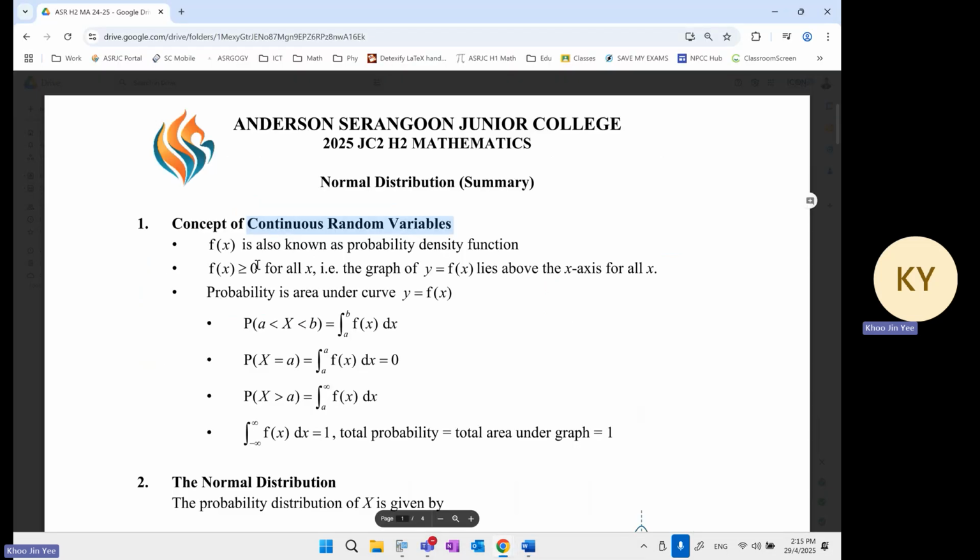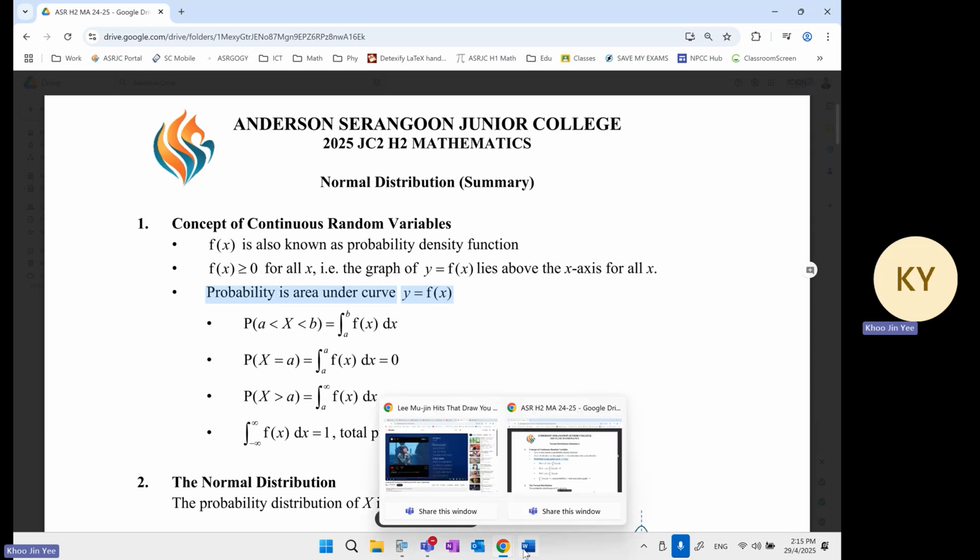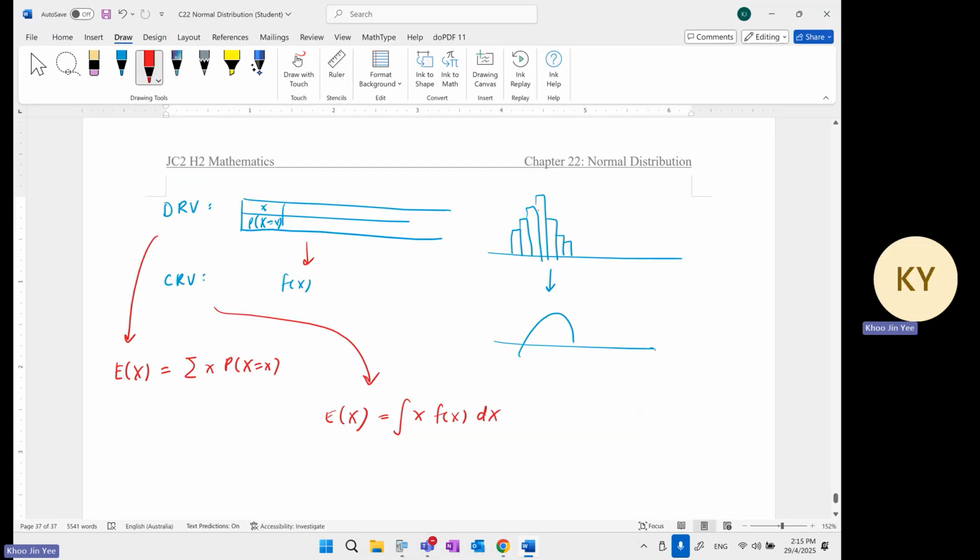Some things that you need to take note of: your function is a probability density function, so that's why it's called PDF. The function is always positive because probability must always be positive. Previously, when we were looking for the probability of these two values, in essence we were adding up the area of the rectangular blocks.